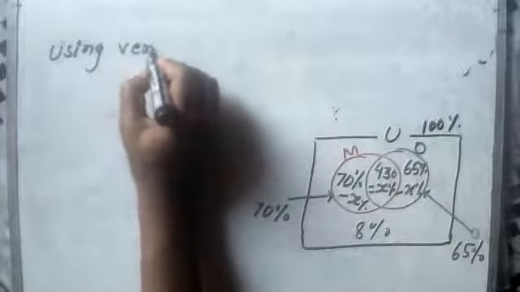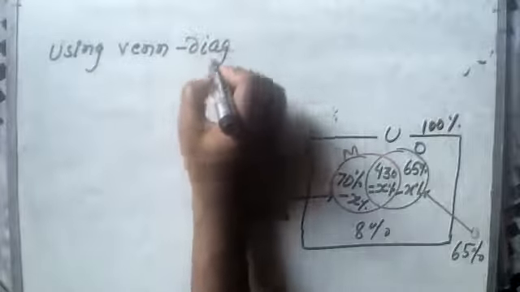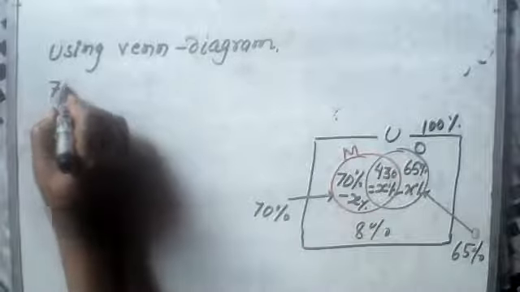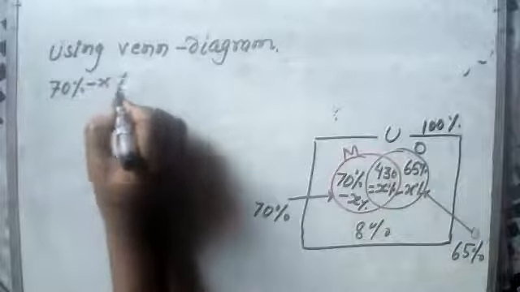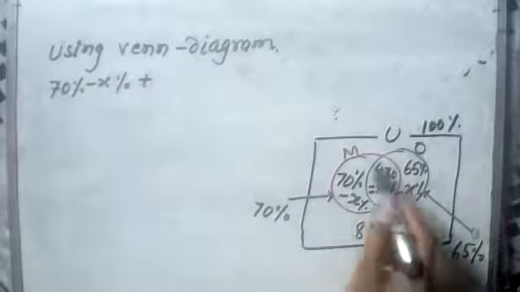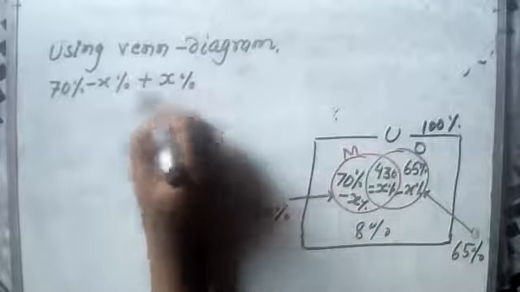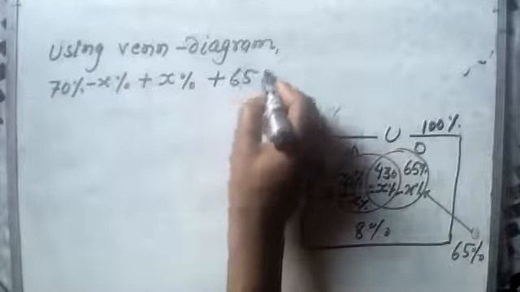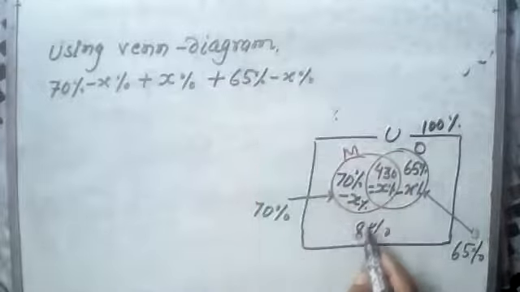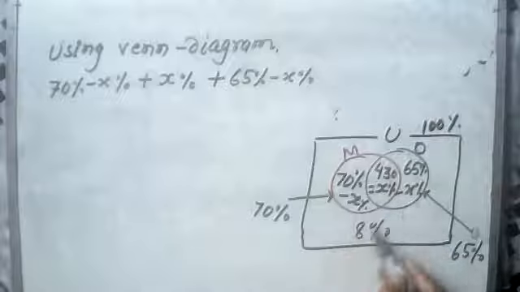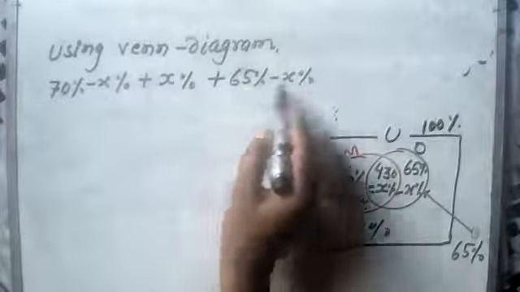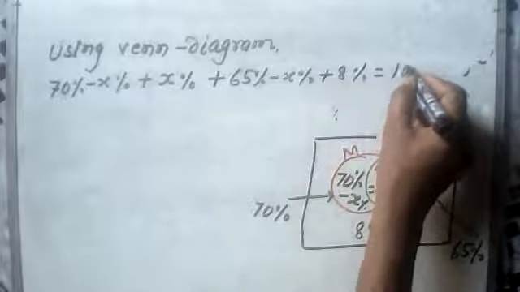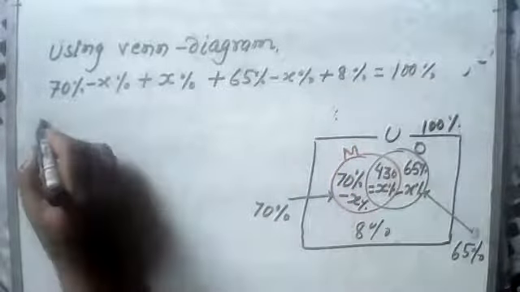Using the Venn diagram, 70% minus X percent, plus this part, the middle part, X percent (you may write 430 here also), plus 65% minus X percent, plus this region, together gives total 8%. So 70% minus X percent plus X percent plus 65% minus X percent plus 8% is equal to 100%. Now add them together.